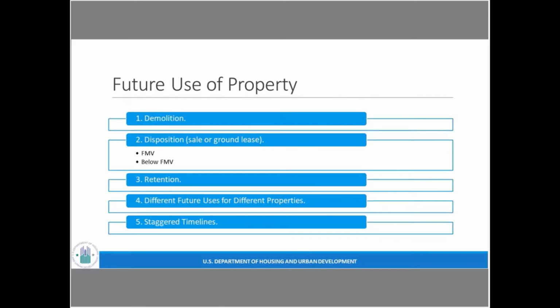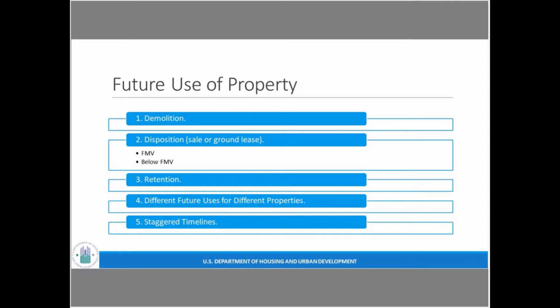Okay, next slide is the future use of the property. So here, I just want to clarify first that conversion as defined by the statute and the reg means conversion of the assistance of the families from public housing.